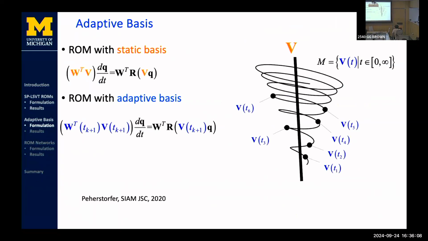At every time step, let's call it t+1, we have the basis at the old time step, and we're going to be adding a delta to it. We're going to be nudging that delta, and the way we nudge it is to find the delta in such a way that the residual of the full order model operator is minimized at a few sampling points.